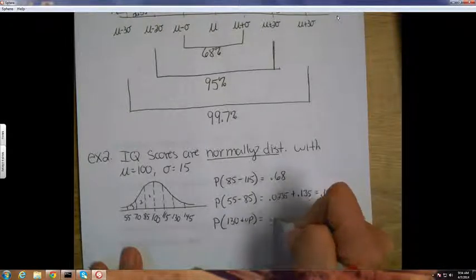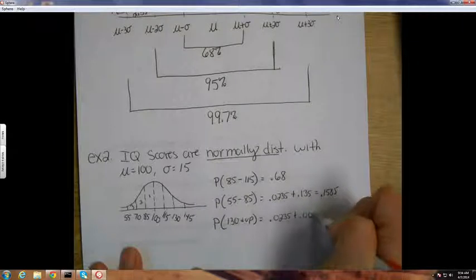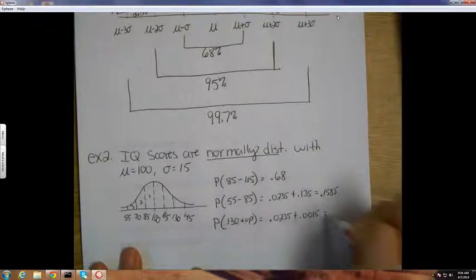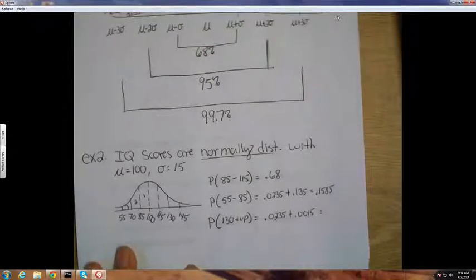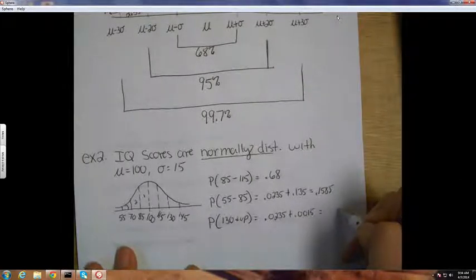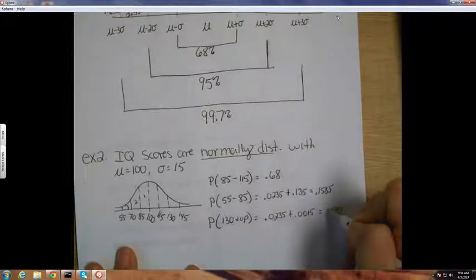Yep, 0.0235 plus 0.0015, take them both into decimals. And that gives me a 0 on the end, a 4, a 3 and a 2. Wait, what?